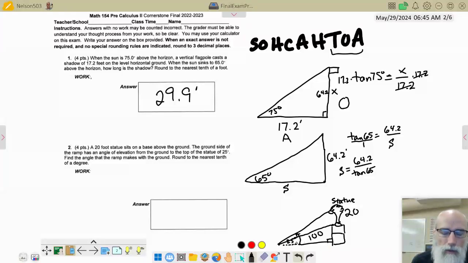So right angle 25. Let's see, that makes 115. Then this angle right up here would have to be what, 65. So if this angle is 65, now we could use the law of sines, and we have an angle.